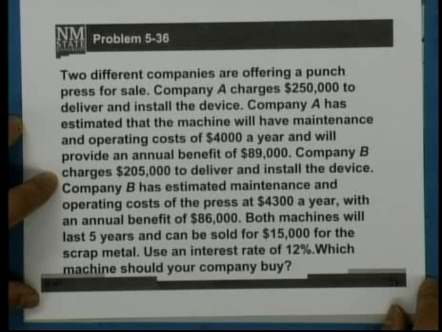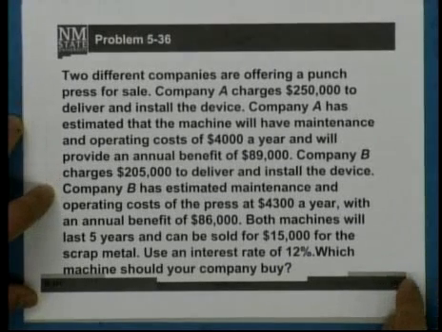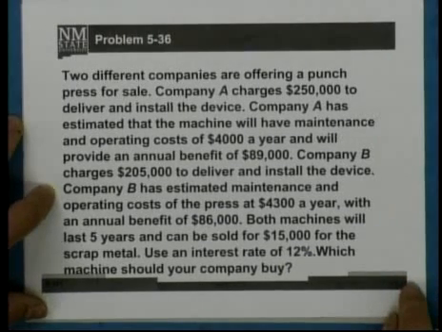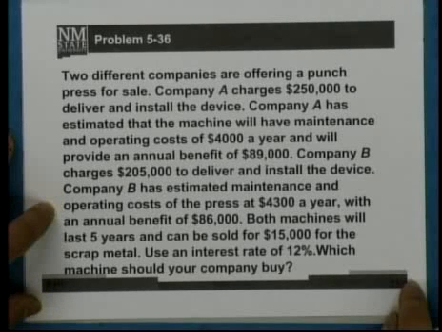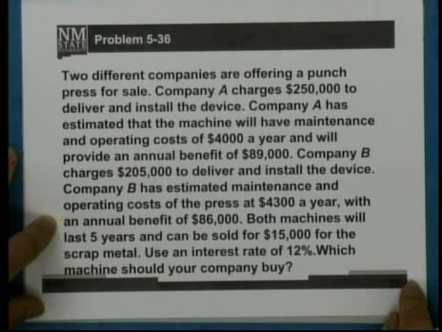Company B charges $205,000 to deliver and install the device. And Company B has estimated maintenance and operating costs of the press at $4,300 a year, with an annual benefit of $86,000.